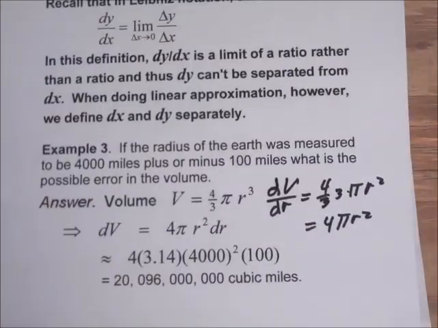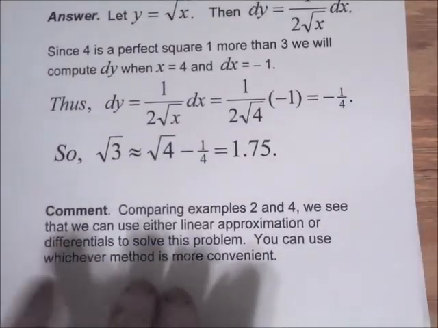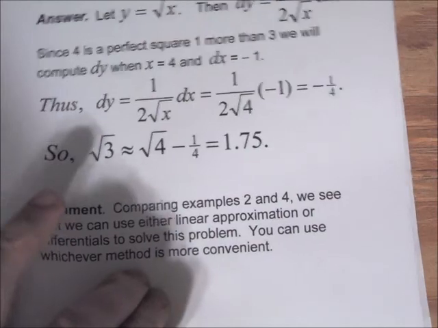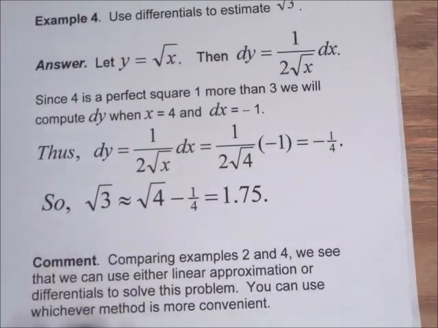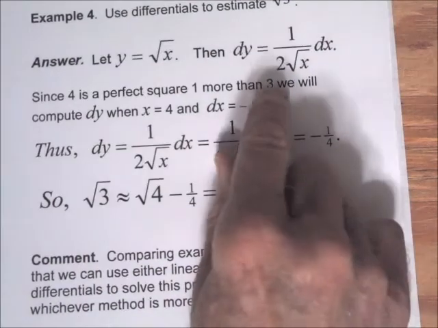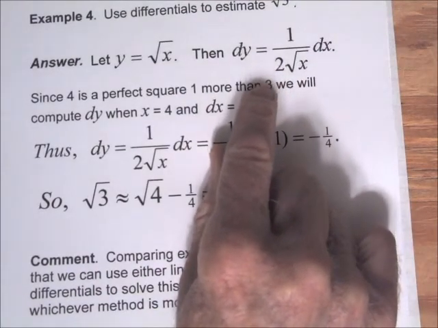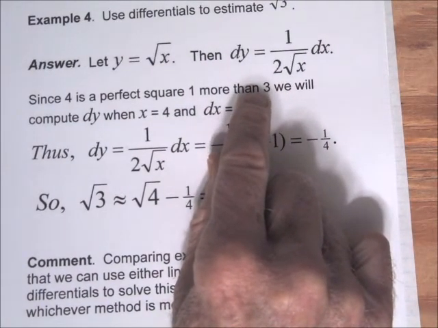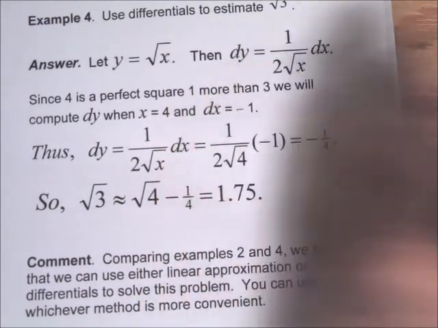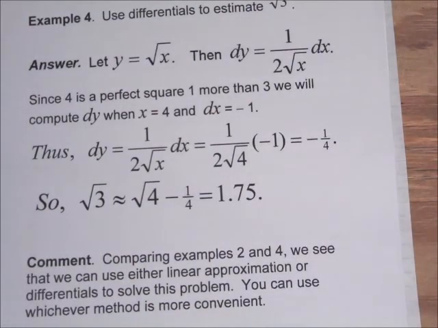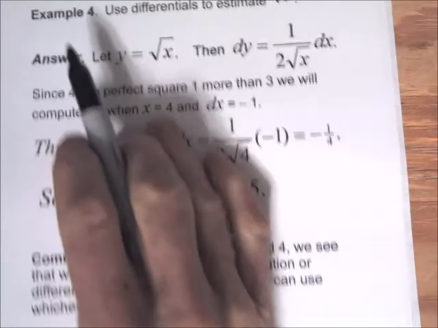We could have used differentials in a previous example. Previously we used linear approximation to estimate the square root of 3. When we took the derivative of y with respect to x, we got dy dx is 1 over 2 root x.